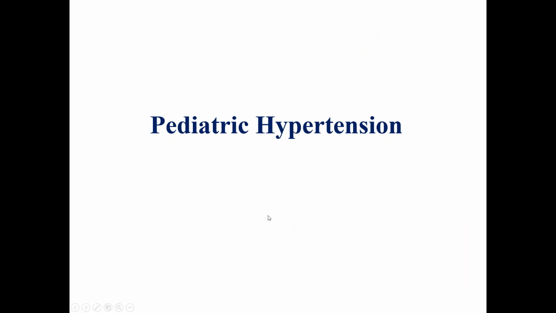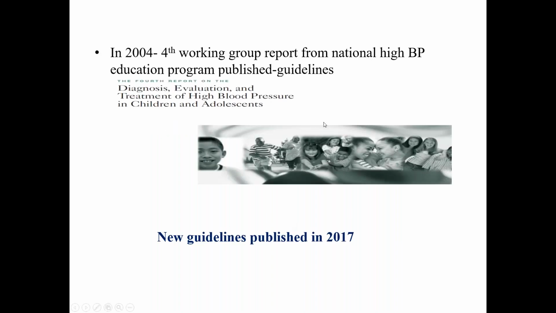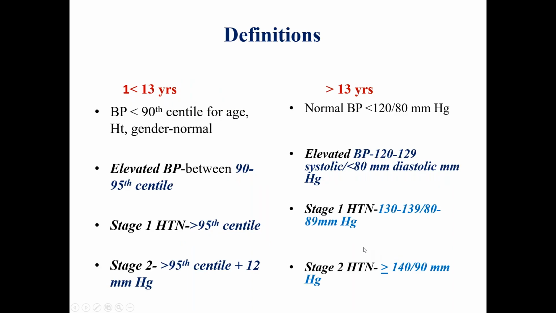Now let's come to the other topic that is given to me today, and that is pediatric hypertension. If you look at the definition of pediatric hypertension, till 2017 we were using the 2004 guidelines, but 2017 onwards, there have been new guidelines which have been published and which are much simpler to use.